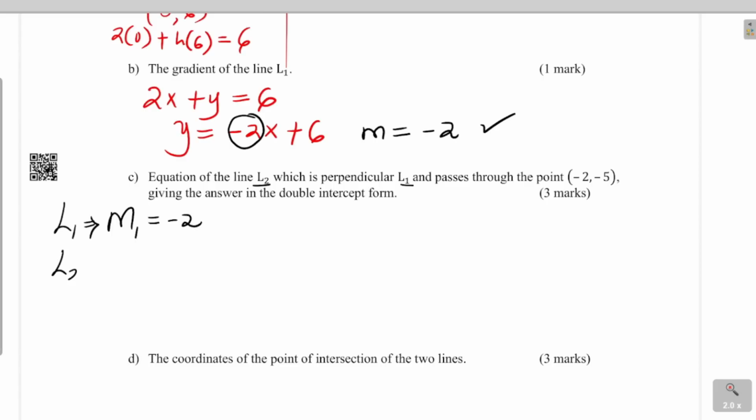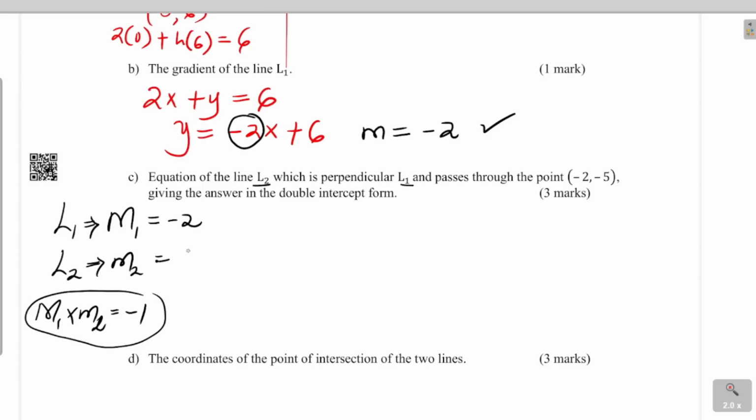Now for line 2, because it is perpendicular, you remember this concept, when two lines are perpendicular, the product of the gradients should give -1. So this is M1, M2. The product of their gradients, M1 times M2, should give us -1. So we have the gradient of line 1 as M1, which is -2. So what will be the gradient of L2 using this fact?